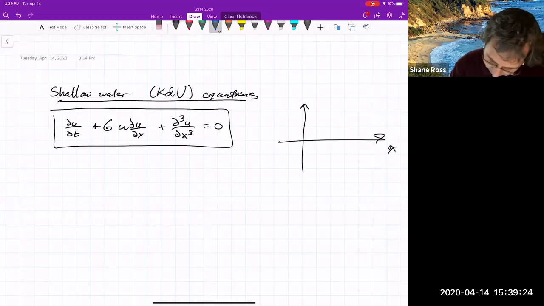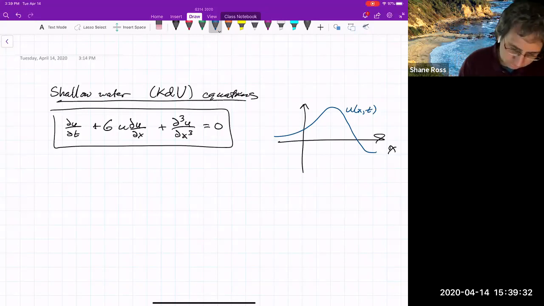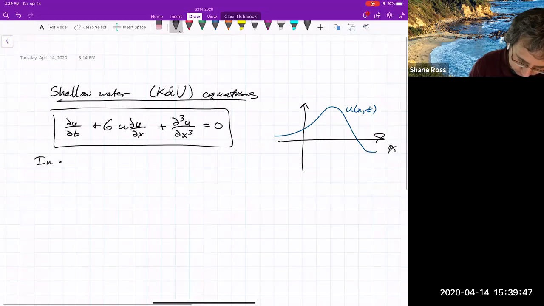So this describes how the surface of the water varies with respect to the equilibrium. So you might ask, in what sense is this Hamiltonian?